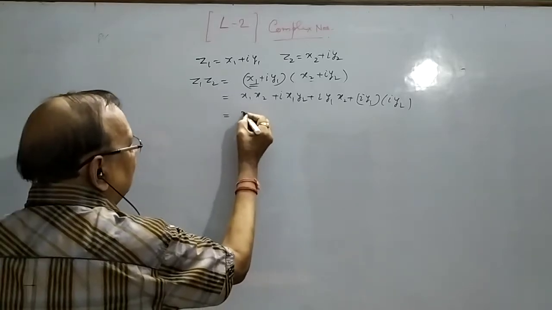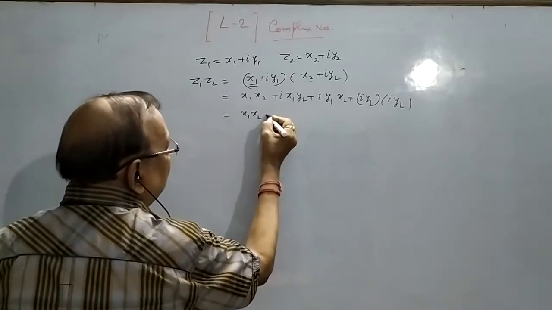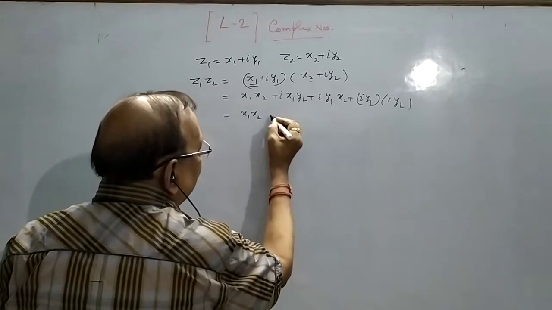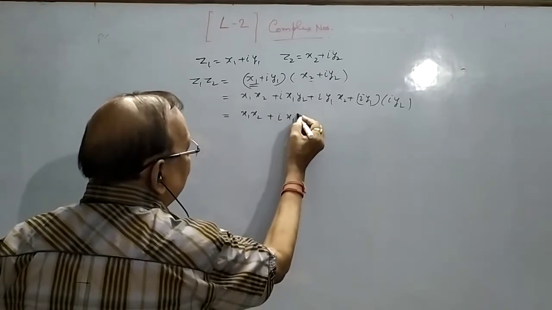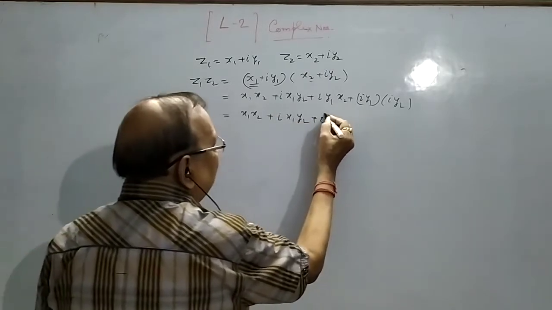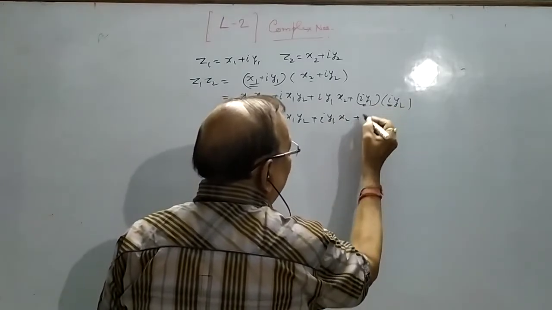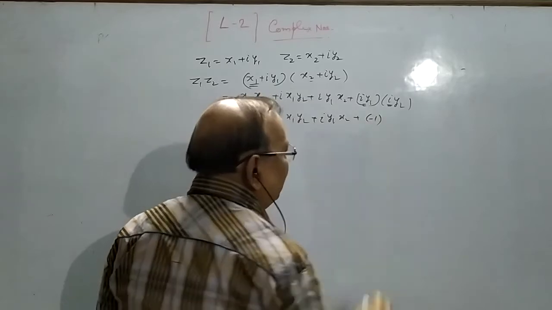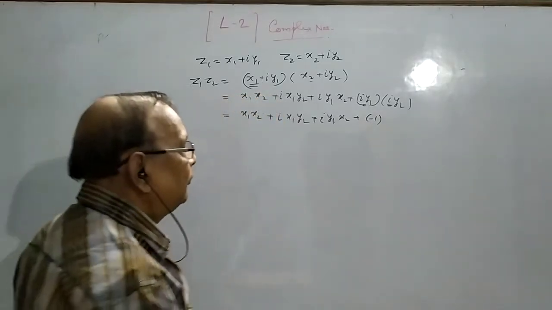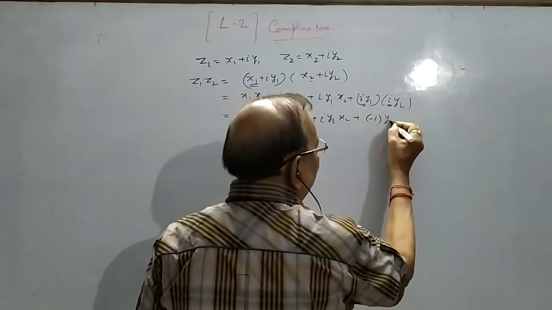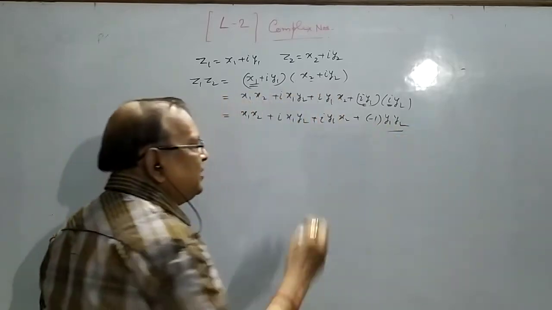That is x1 x2 plus i x1 y2 plus i y1 x2 plus i into i, that is minus 1, as we have already studied, into y1 y2. So that is a real number.